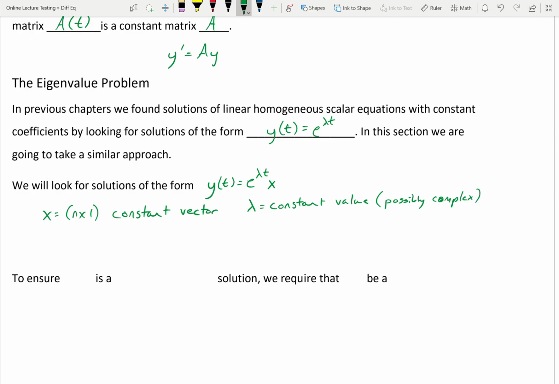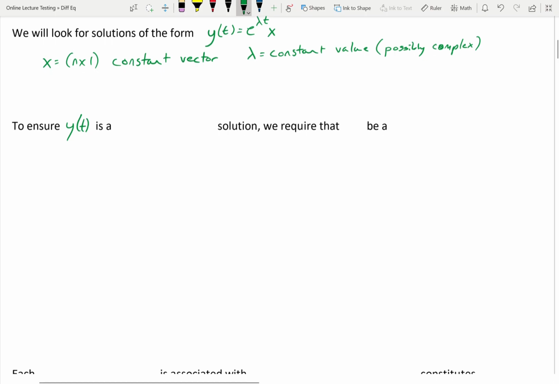So here, to ensure that y of t is non-zero, so a non-zero solution, we require that x be a non-zero vector.